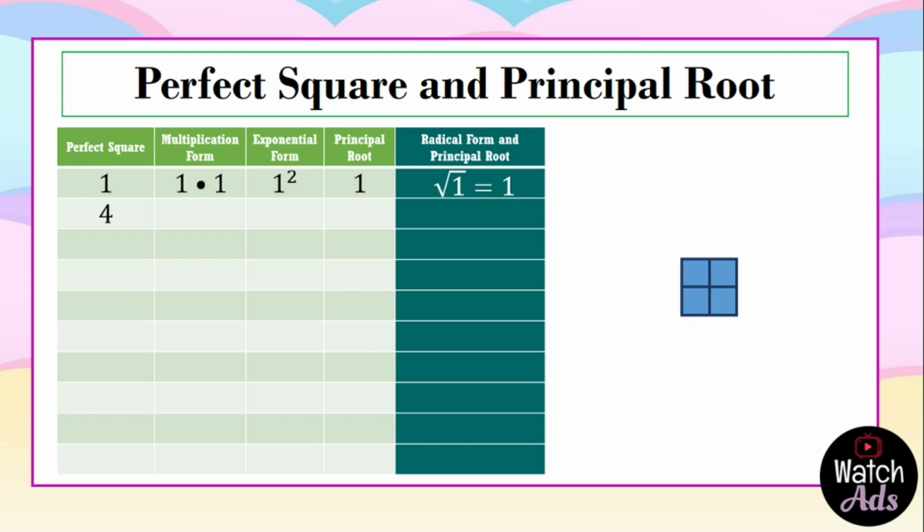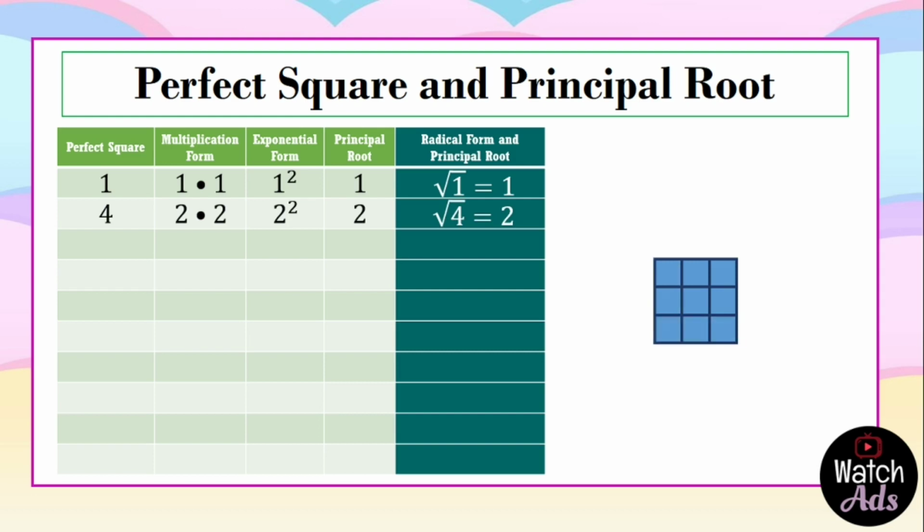That is 2 units. 2 multiplied by 2 is equal to 4. And our exponential form, 2 squared, is equal to 4. Therefore, the principal root of 4 is equal to 2. In radical form, the square root of 4 is equal to 2.